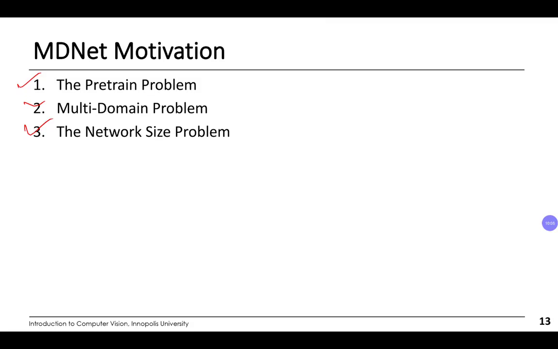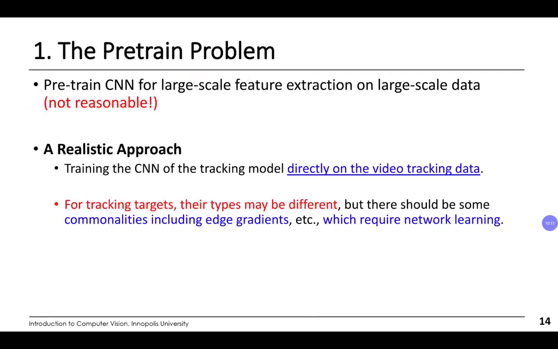Let's consider the first, the pre-trained problem. Most of the time we use transfer learning, and this is a problem in some cases, but in some cases it is not.